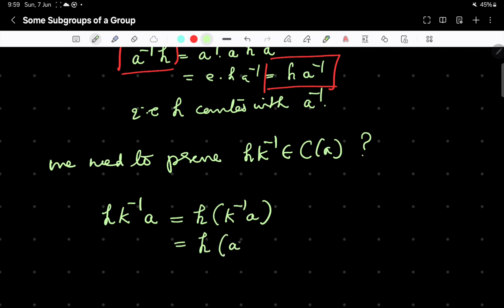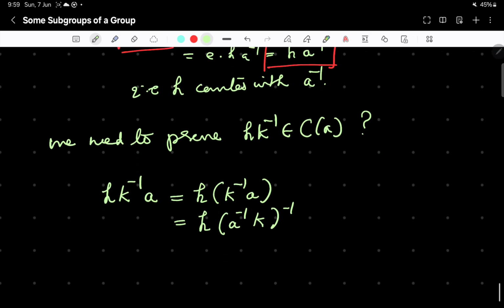So if you apply the Shoes-Socks property, you can write this. It is A inverse K whole inverse. So if you come the other way, you get what we have done just before. So this is true. Now we have proved that if H and K commute with A, they commute with A inverse. So K commutes with A inverse.